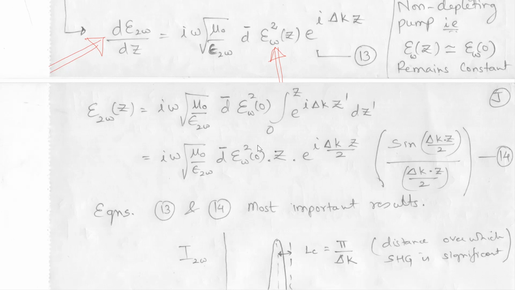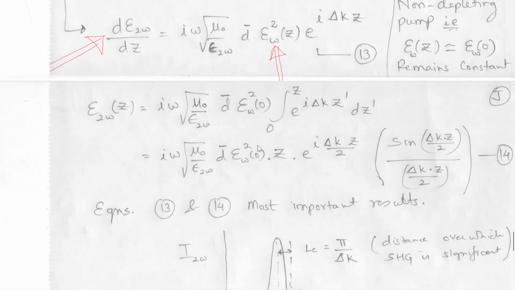So now what I want to do is basically take this equation number 13, as I said, and I want to solve this equation as a function of z. So one is that we explicitly write down also the equation governing the field at omega and its z dependence. That we are not doing here.